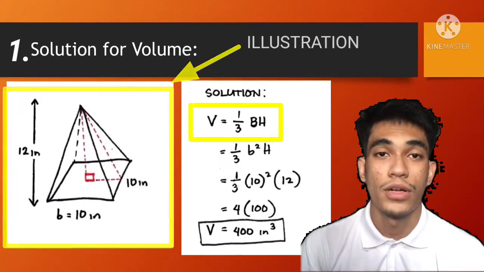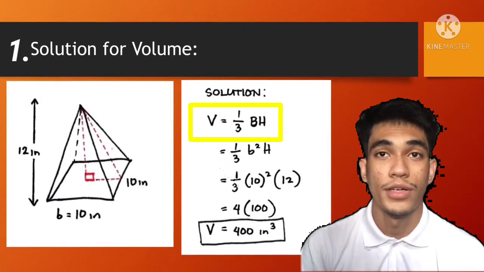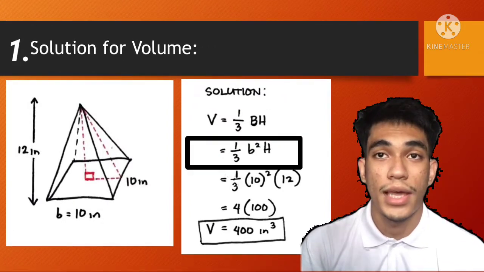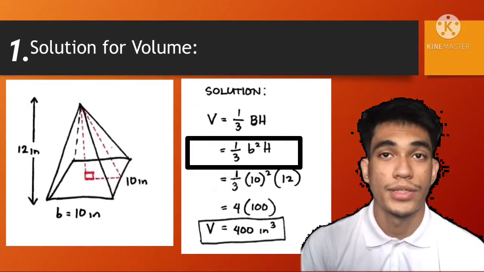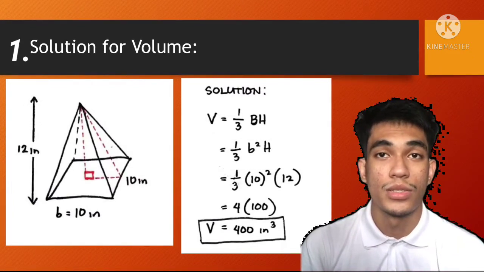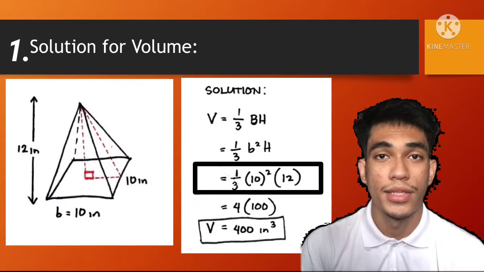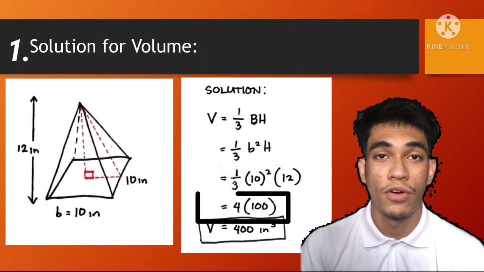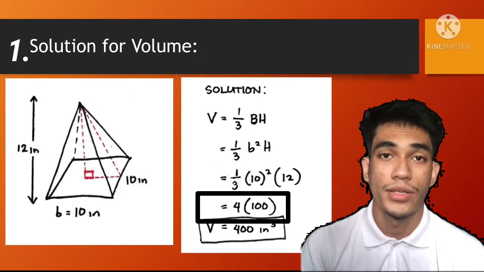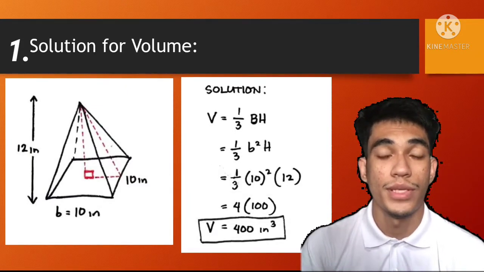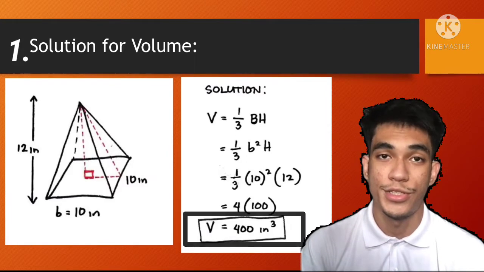The formula for volume is 1/3 base times height, which is 1/3 times the side length squared times the height of the pyramid. B is 10 and the height is 12. So 1/3 of 12 is 4 and 10 squared is 100. In this problem, the volume is 400 cubic inches.